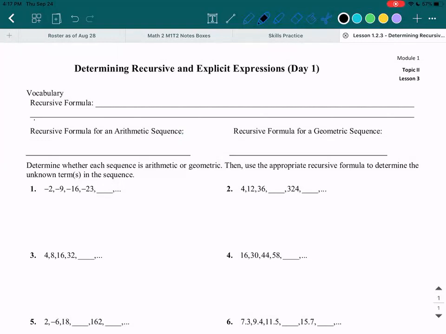A recursive formula expresses each new term of a sequence based on the preceding term in the sequence.